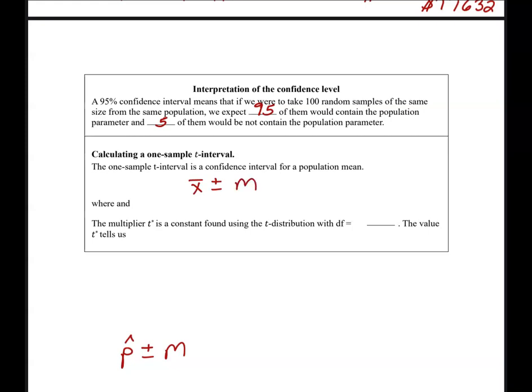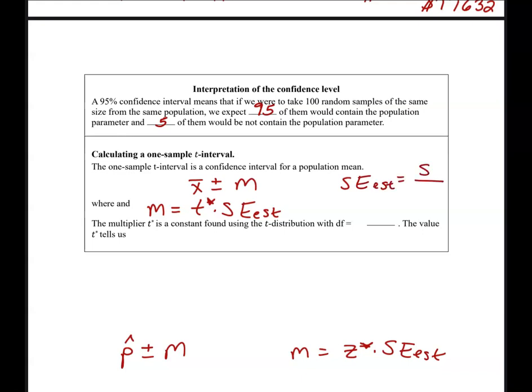Now, how do we calculate the margin of error? Instead of using z star times the estimated standard error, now it's going to be t star times the estimated standard error. And the standard error estimated is that formula I gave you previously, s divided by the square root of n.